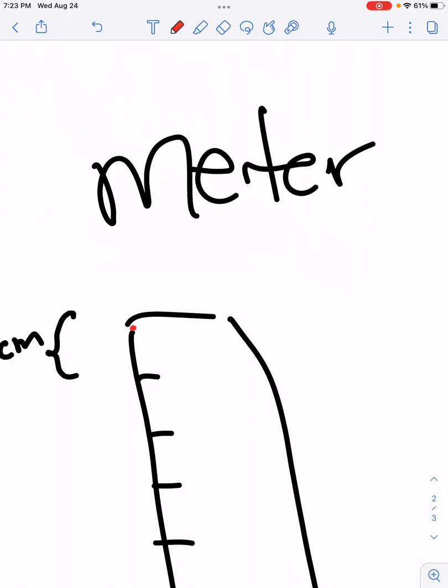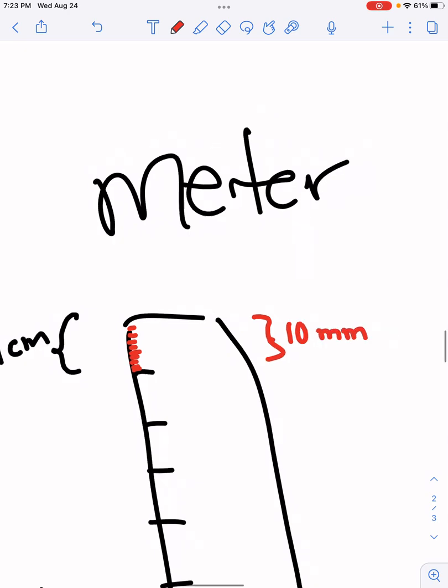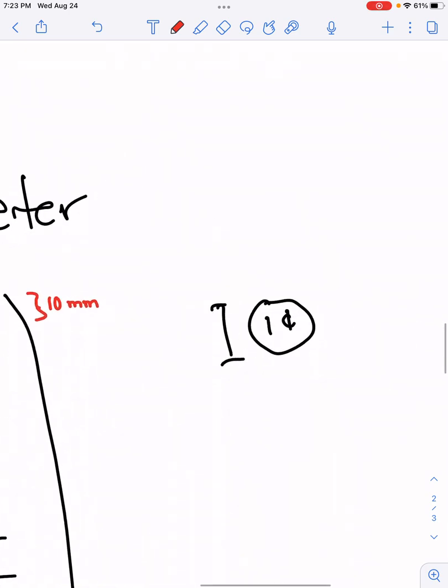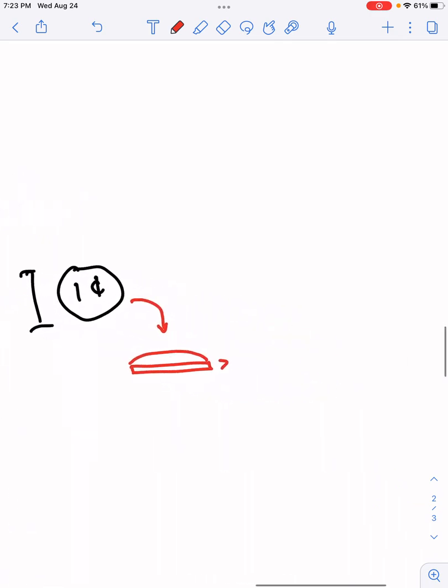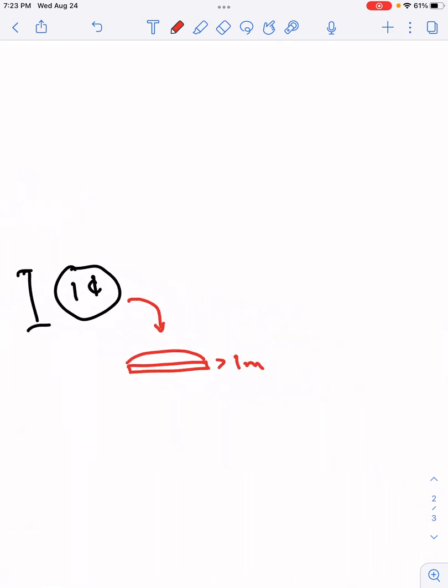But a millimeter, there's 10 millimeters, I'm not gonna be able to fit in here. But there's 10 millimeters in 1 centimeter. The way you want to think about that, if I were to take this penny and kind of rotate it so it's lying flat, that is 1 millimeter, 1 mm.